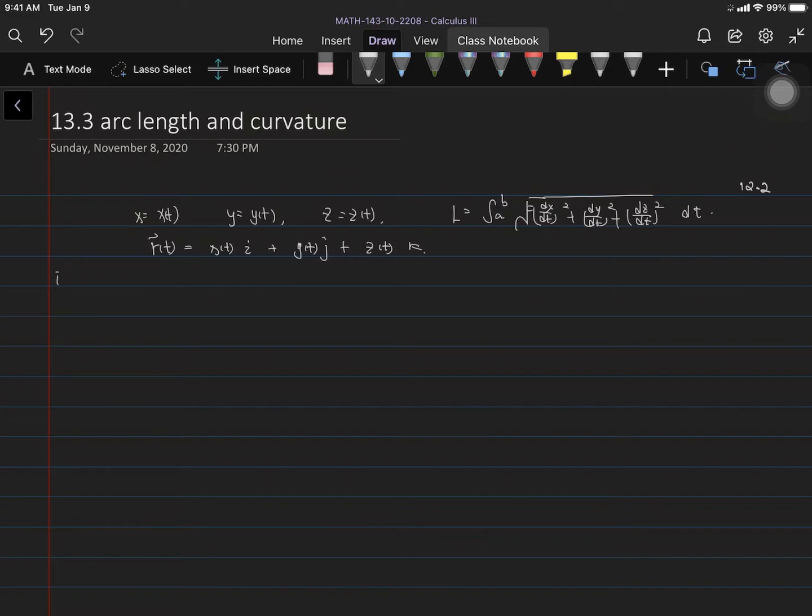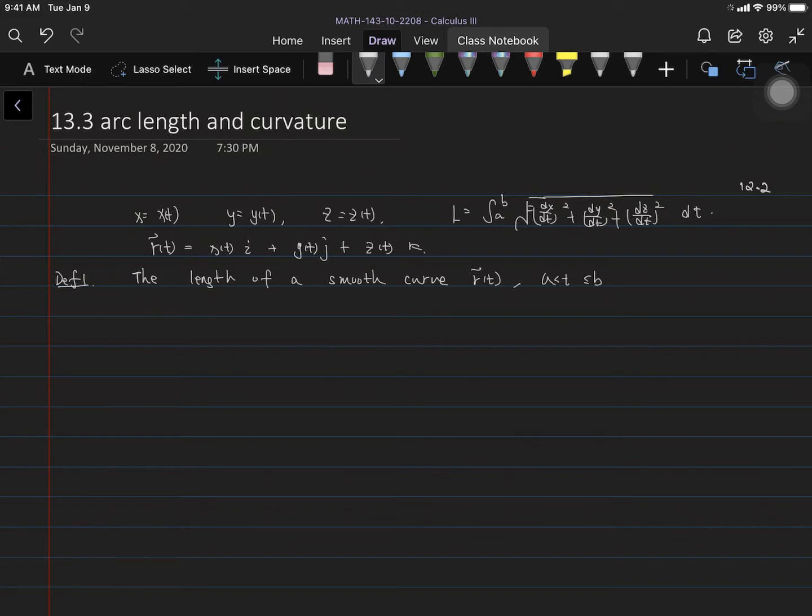So the definition, let's take a look. The length of a smooth curve, where the curve is given by this r(t), and here t goes from a to b.